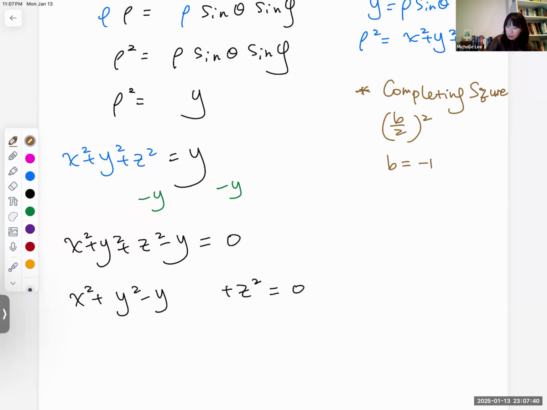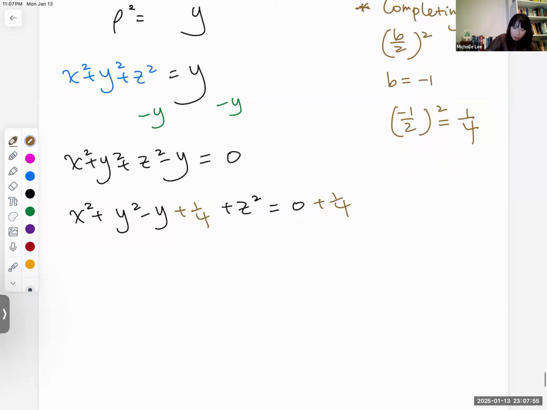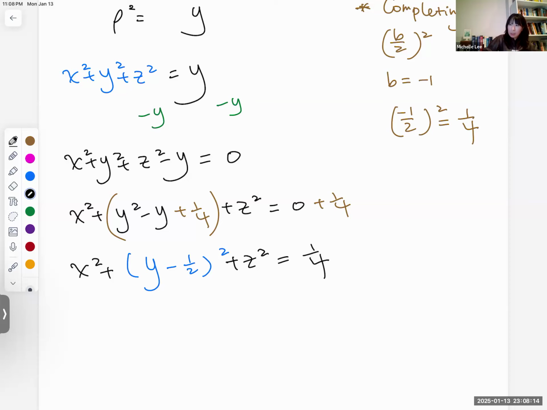B equal to -1. So we have -1 squared, which is 1/4. Okay, then we will add positive 1/4 on both sides. So we are using -1/2 there. So x squared plus y minus 1/2 squared plus z squared equal to 1/4.